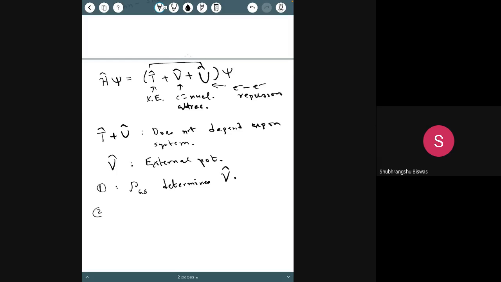And the second thing was that if you evaluate the energy of a system given its ground state density, then this energy will be the minimum energy of the system.